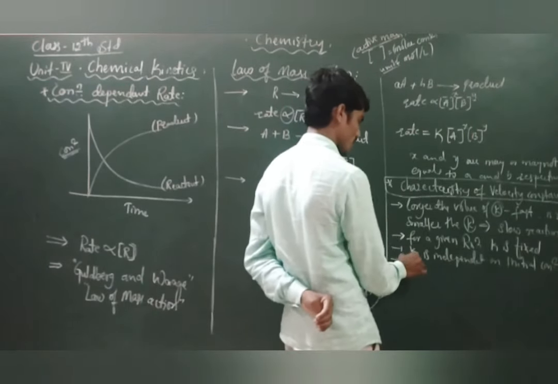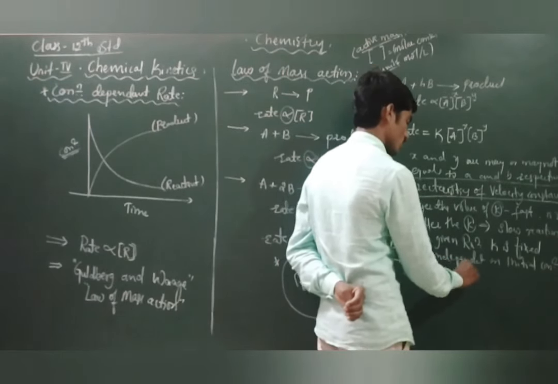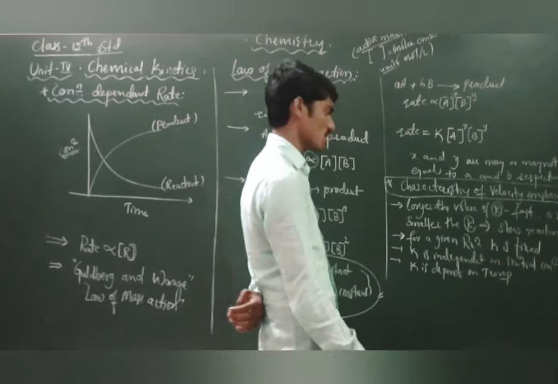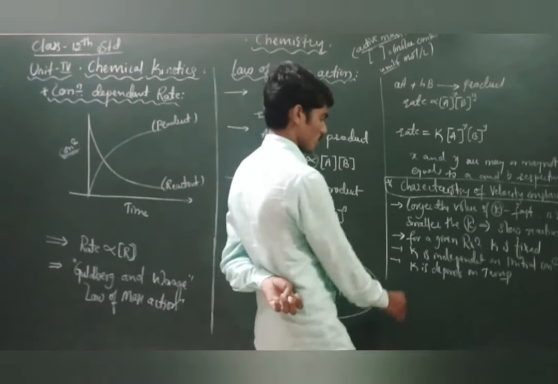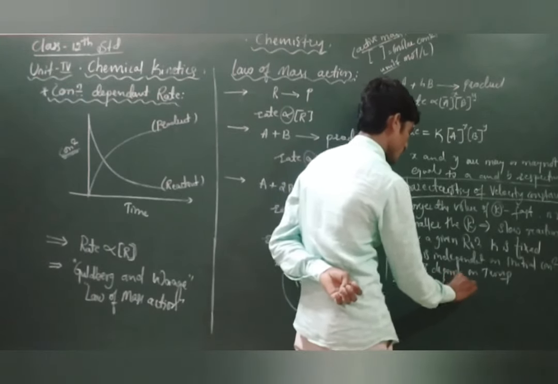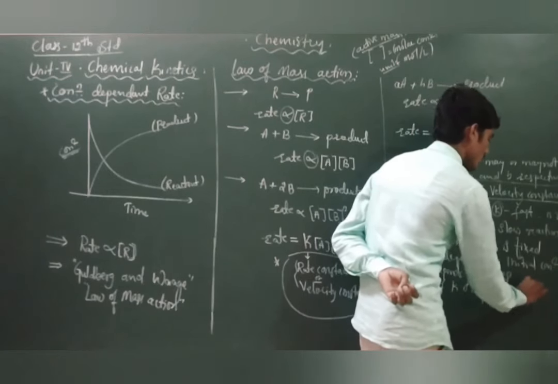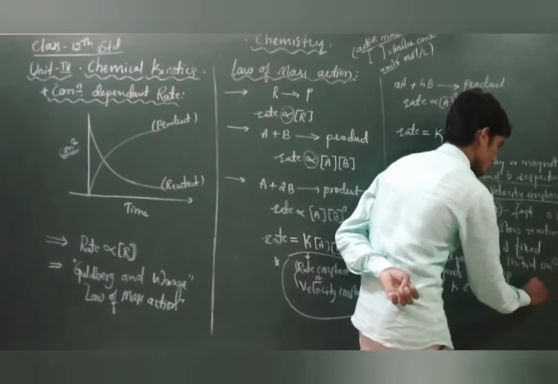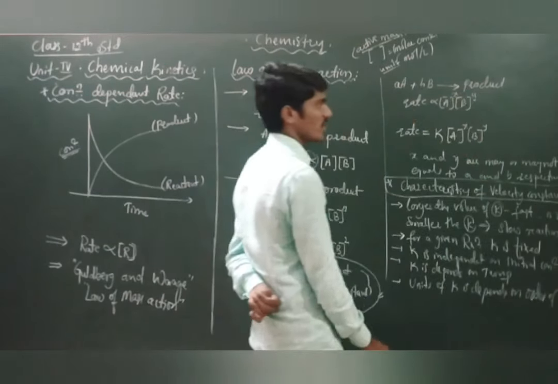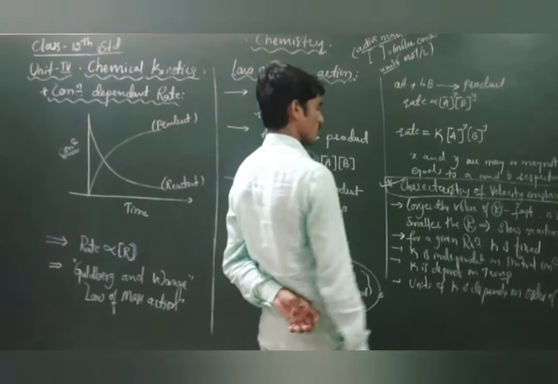Concentration के ऊपर dependent नहीं है, whereas K depends on temperature. Its value depends on temperature. And the units of K depend on the order of reaction. This concept we are going to discuss later. Order of reaction के ऊपर dependent. So these are some characteristic properties of the rate constant.